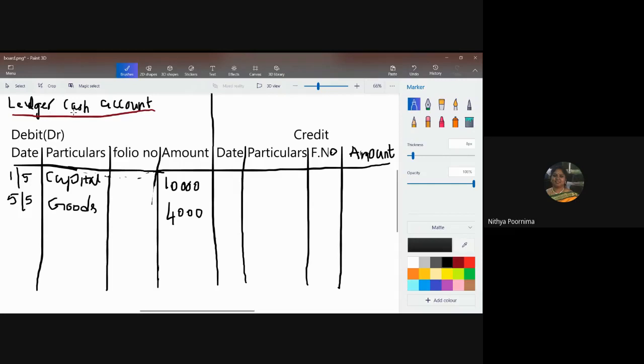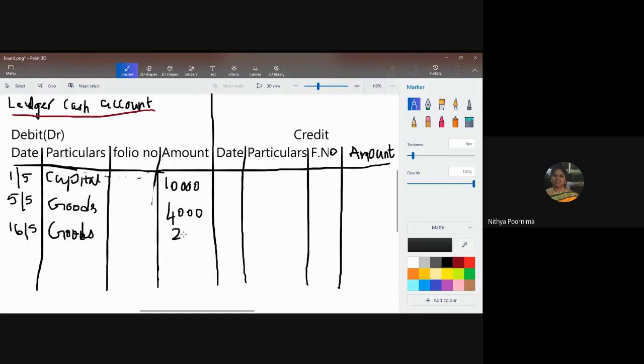In the debit side, cash account has been debited to capital account, rupees 10,000. From cash account to goods account, rupees 4,000, and again, cash to goods on May 16th, you have made a transaction of 2,000.